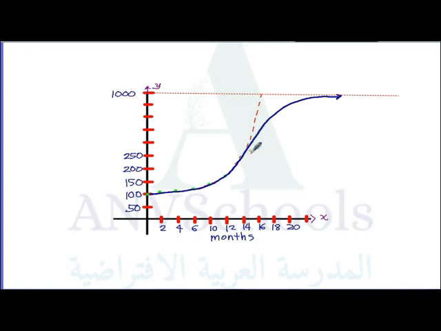This is the point where the behavior of the graph suddenly changes. At this point you could see that the graph is concave up.